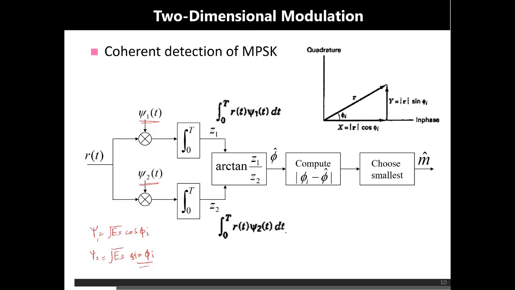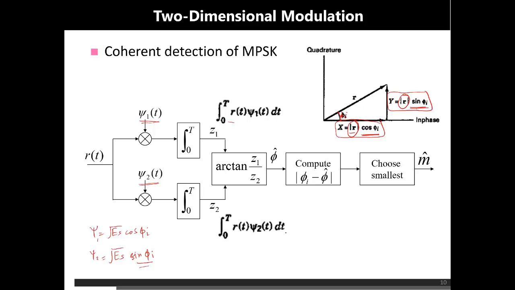So what we are doing basically, we are multiplying the received signal. If you look at this phasor diagram, in one branch we are multiplying this R with cos phi i. In the second branch we are multiplying the received signal R with sine phi i. So this is the horizontal projection. This is the vertical projection corresponding to the angle phi i. This is the angle phi i. So if we want to have an estimate of this received phase, what will we do? We will simply take tangent inverse.